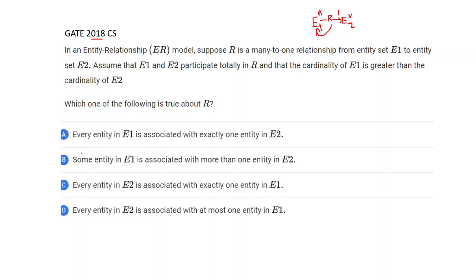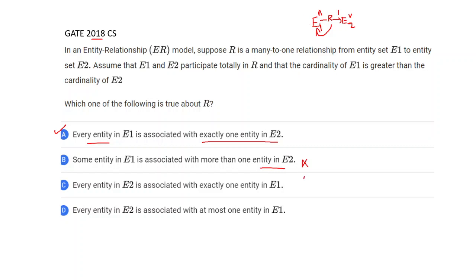Now let me go through the options. Every entity in E1 is associated with exactly one entity in E2. So that is the answer. If we go through the other ones, some entity in E1 is associated with more than one entity in E2. This is clearly not an option. Every entity in E2 is associated with exactly one entity in E1. Sorry, no, because this is the N side, so some entity of E2 of course has to be related to more than one entity in E1.